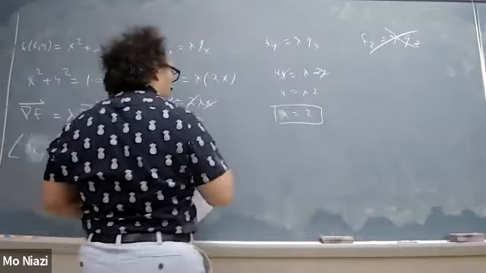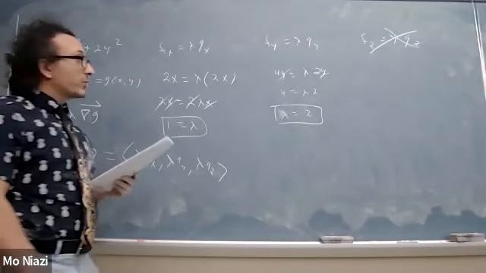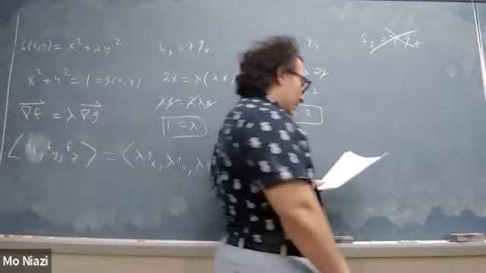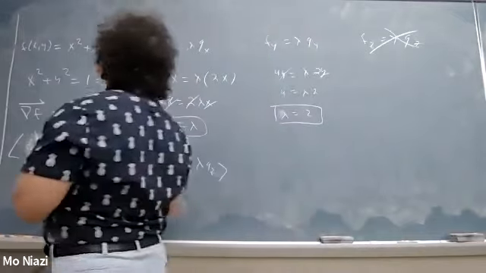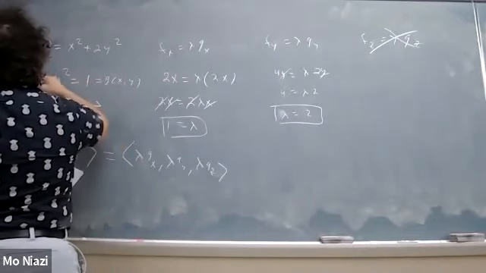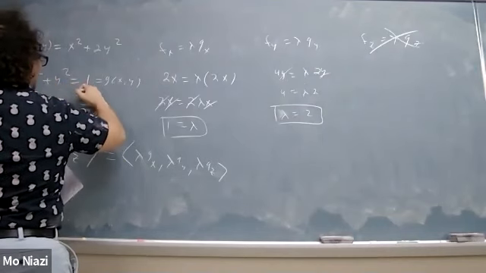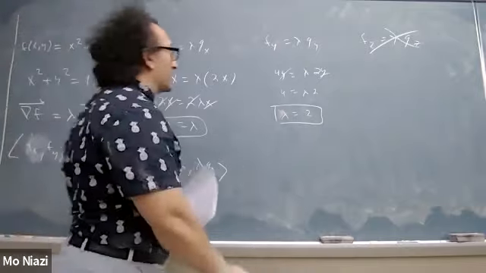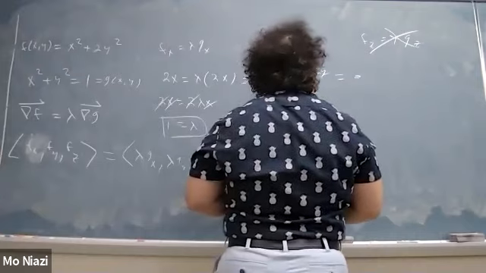So what's going on here? We got lambda equal to 1, and we got lambda equal to 2 over here. What's going on? Well, one thing that I omitted was that when you take partial y of g, it's 2y, but that's equal to partial y of 1, which is 0. So this could be set equal to 0, and by the same token, that can be set equal to 0.